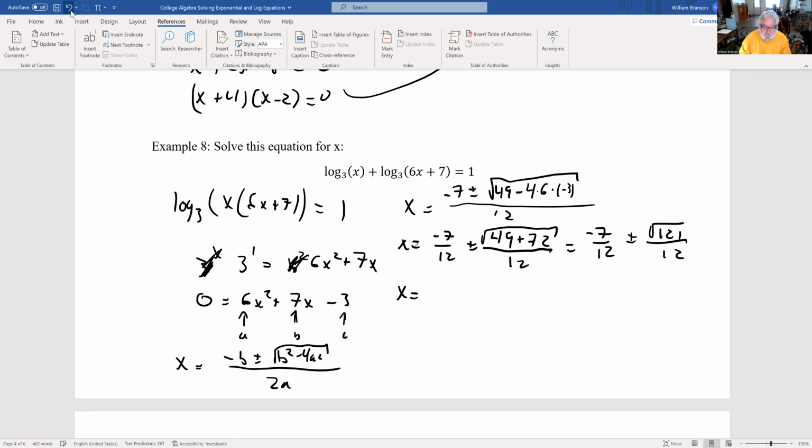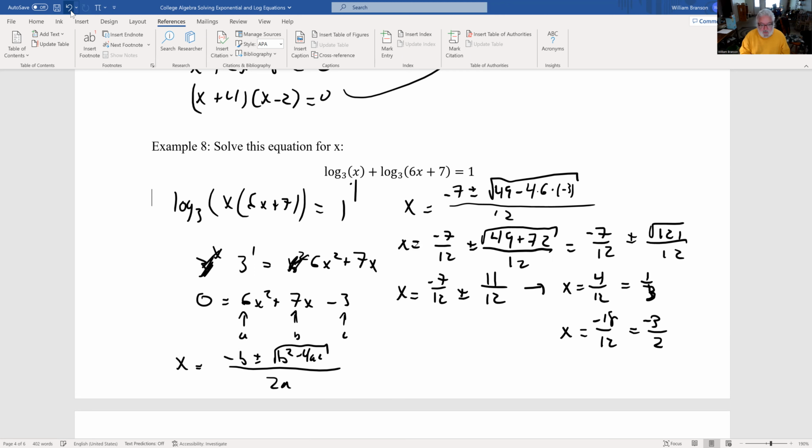So we get X equals minus 7 over 12, plus or minus 11 over 12, because square root of 121 is 11. So that gives me two solutions. One is minus 7 plus 11, which is X equals 4 over 12, which is 1/3. And the other one is X equals minus 7 minus 11, which is minus 18 over 12, which is minus 3/2.